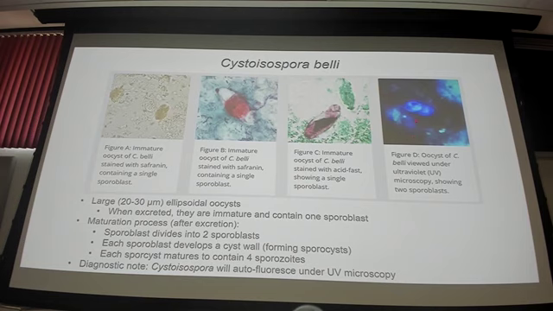Here you can see distinctive sporoblasts inside a single cyst. So this would be an infected form right here. Size, shape, whether or not there are 1 or 2 sporoblasts, all of that would be of interest for diagnostics.